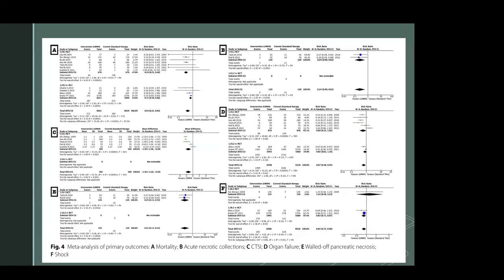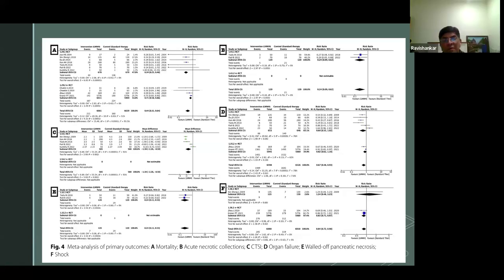So in terms of the forest plot, if the diamond is entirely on one side of the vertical line, this indicates a statistically significant effect favoring the intervention. And if the diamond crosses the vertical line, it shows that there is no statistical significance.